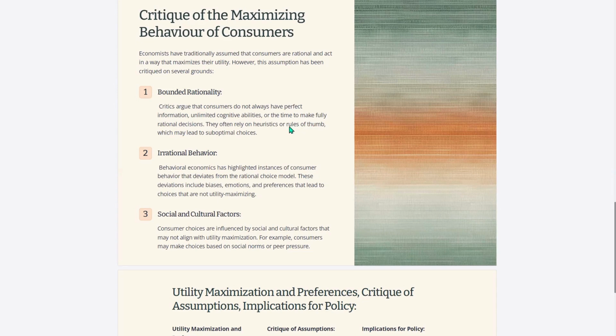Or maybe the rule of thumb in some family is to always buy something on sale or always buy a particular kind of shoe, because they are the best. So we are bounded by so many biases around us. We don't have perfect information. We don't have unlimited cognitive abilities.